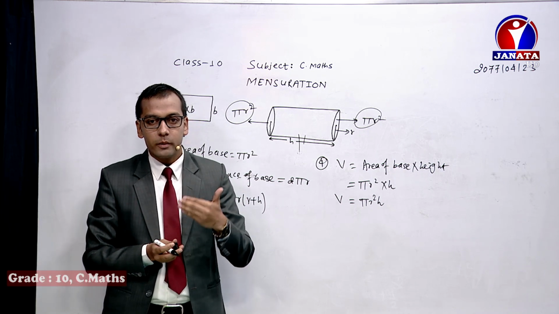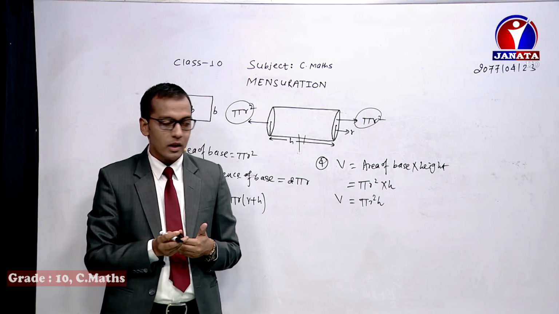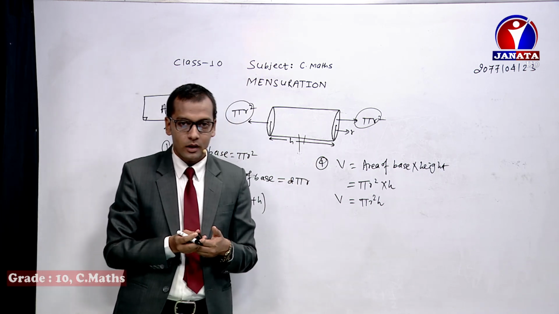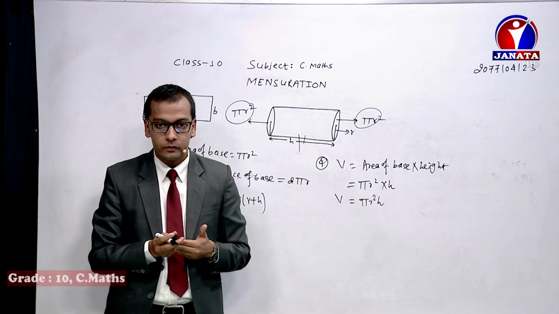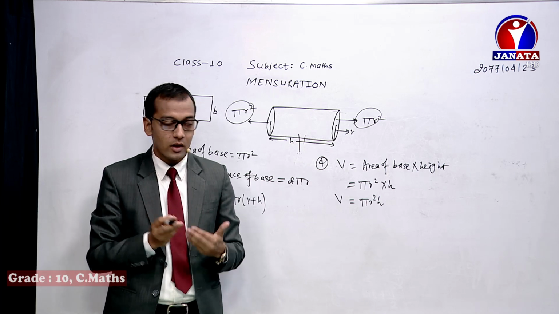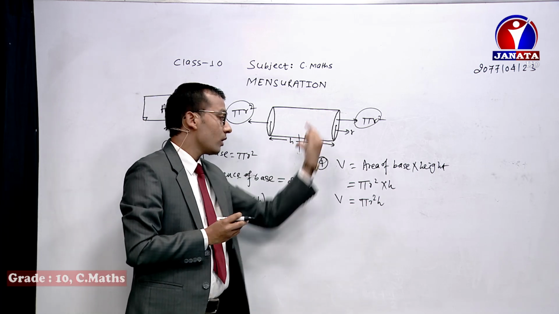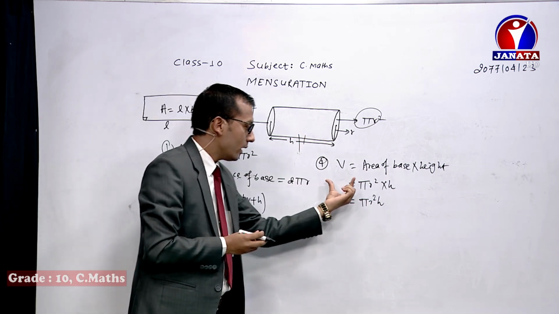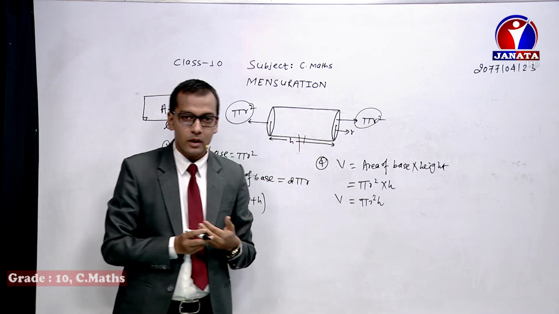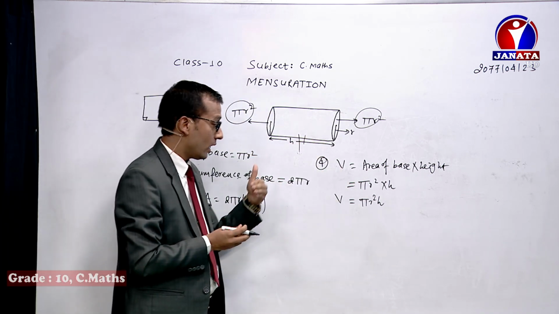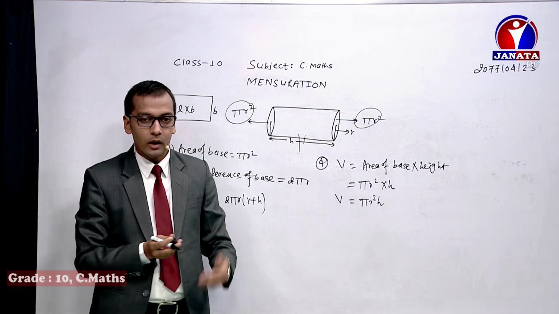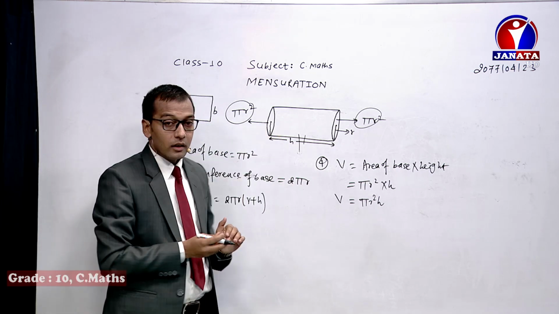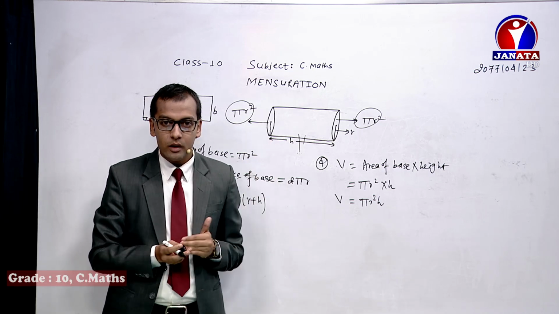What is the meaning of lateral surface? Lateral surface area is the area of the surface at the side. The surface at the side of the cylinder is the curved surface, which we derived as 2 pi r times h.